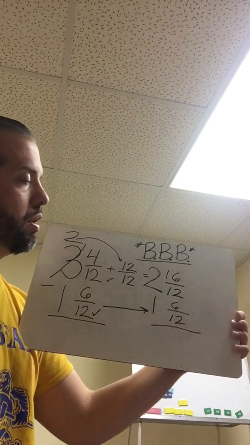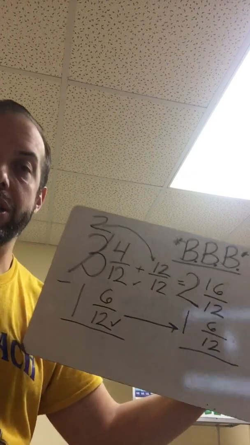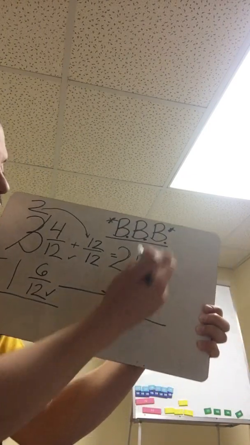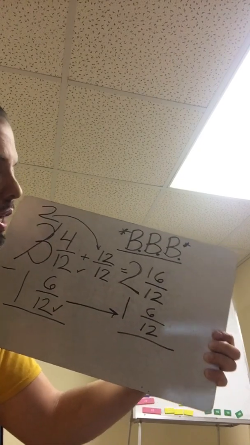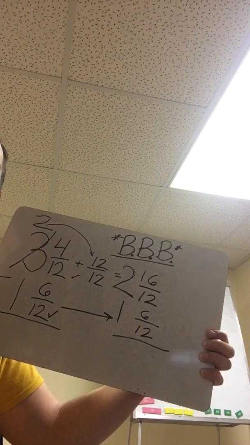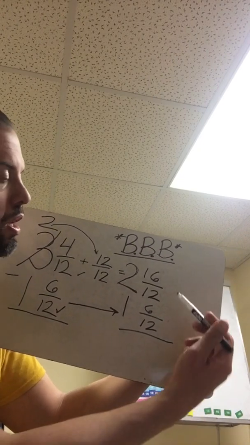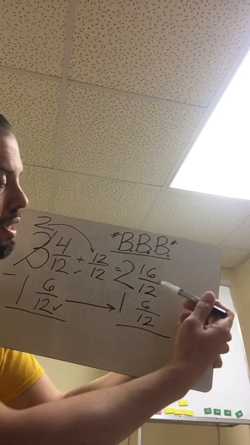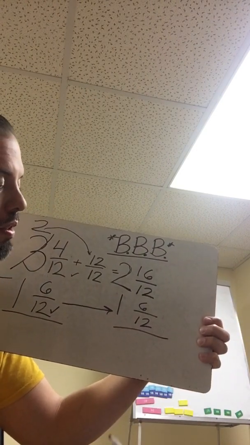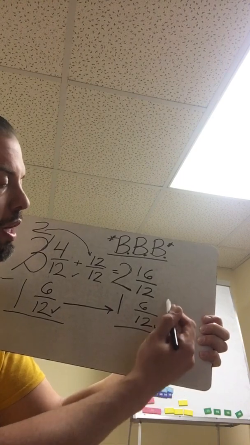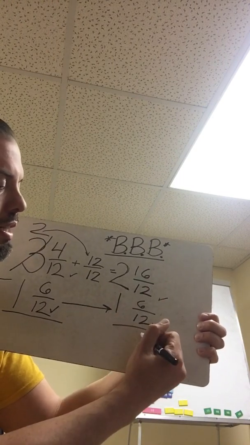Do your equals. Now I can just solve. I'm able now to solve this problem. I can solve it just like I would the other examples earlier this week. Do your fractions first. 16 12ths minus 6 12ths. My denominators match. We're good. 16 minus 6 is 10.